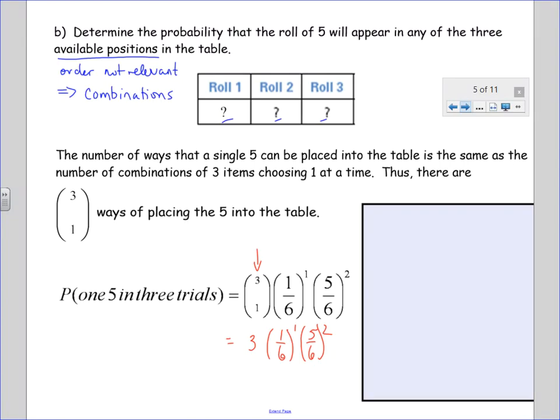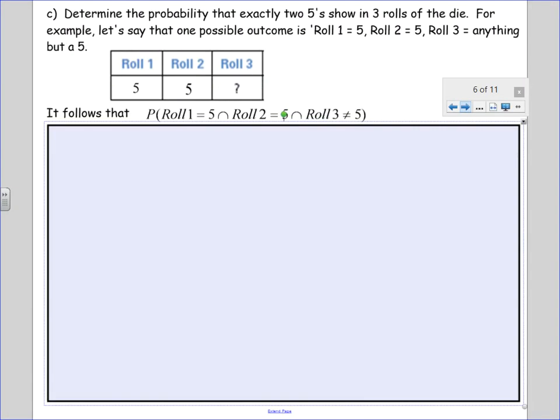So moving forward, let's keep extending this because the notion is about studying probability distributions in this unit. That implies that we need to consider all possibilities, whether it be no 5s, one 5, two 5s, or all 3 rolls being 5s. That would constitute a probability distribution. So let's have a look at what would happen with two 5s.